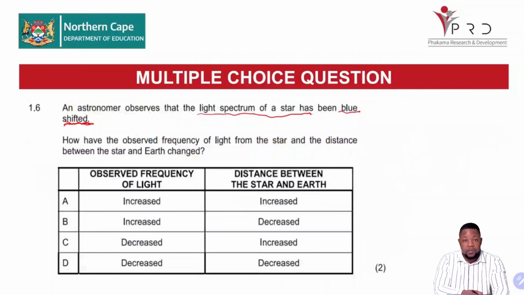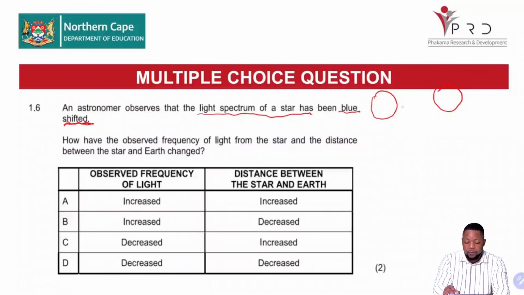And if they are shifted towards the blue end of the spectrum, this indicates a higher frequency and shorter wavelength. This also indicates that the two objects are moving towards each other.